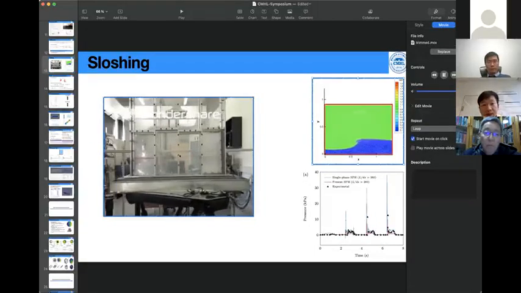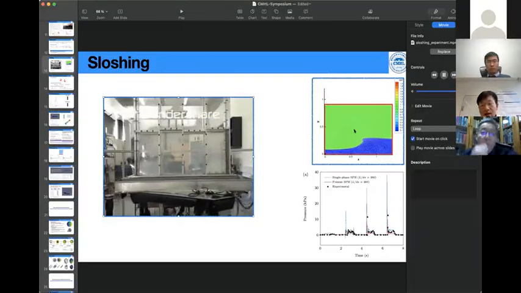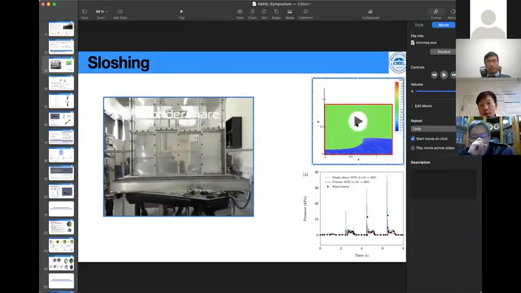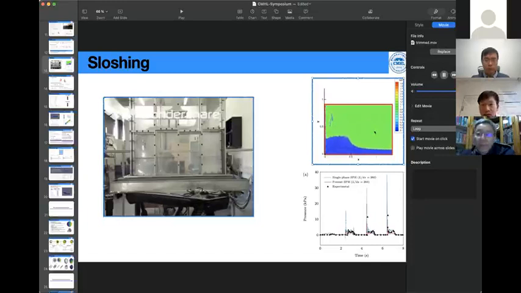As you can see here, in the experiment the tank is moving. However, in the simulation, we do not let the wall move. We just give gravity in this direction to the fluid. Then the tank phenomena can be simulated. So there is no moving of the wall in the simulation.